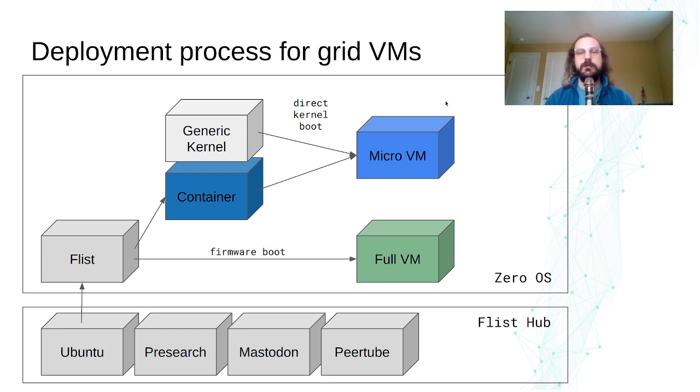So that has some consequences. This kernel is not a file that's accessible inside the micro VM. It's just something that gets started up in memory through this direct kernel boot process.